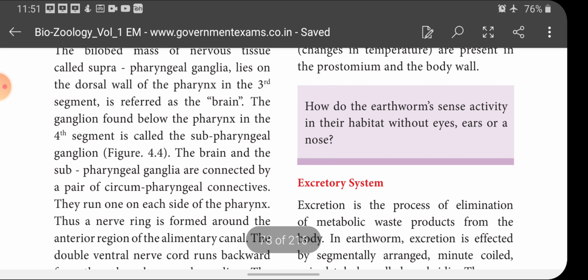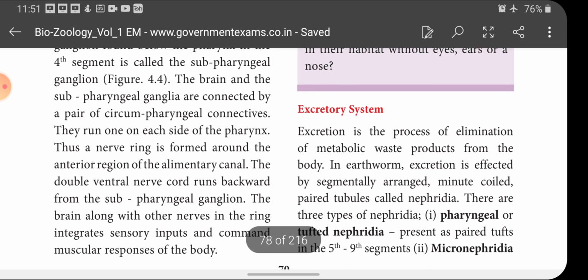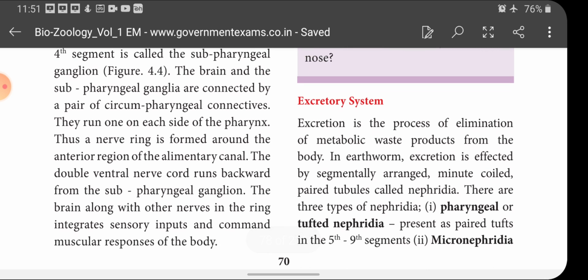They run one on each side of the pharynx. Thus, a nerve ring is formed around the anterior region of the alimentary canal, and the double ventral nerve cord runs backward from the subpharyngeal ganglion. The brain, along with other nerves in the ring, integrates sensory inputs and commands muscular responses of the body.